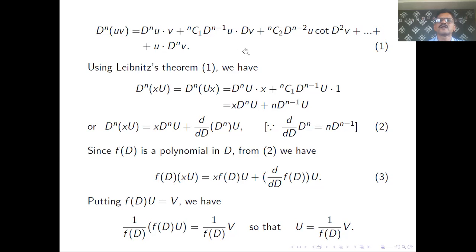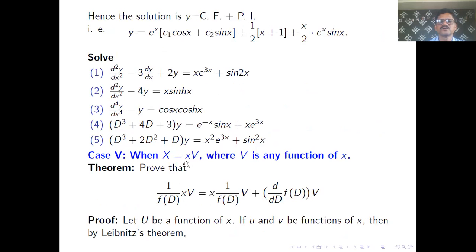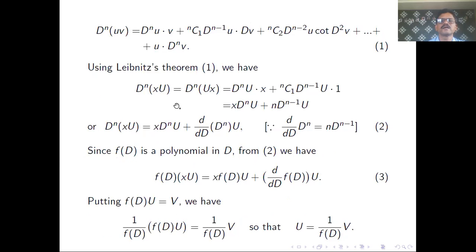So using the Leibniz theorem, we have d raised to n of x into u. Friends, here we have x into v, but here we have taken x into u. X into u gives d raised to n of u into v, I can write it as x.